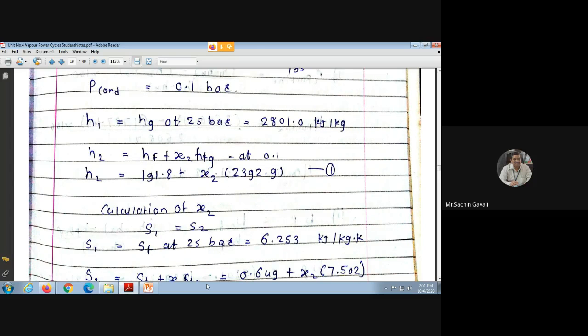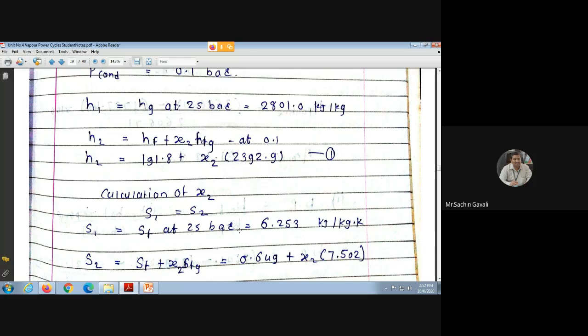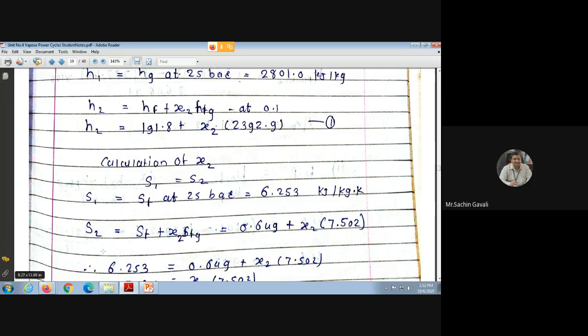Then calculation of X2. S1 is equal to S2, isentropic process. Therefore S1 is equal to SG at 25 bar, which is 6.253. And S2 in the wet region is SF plus X2 into SFG. SF and SFG are to be taken at 0.1 bar.